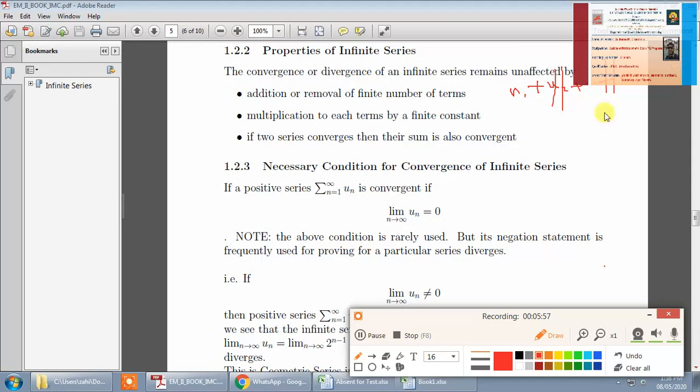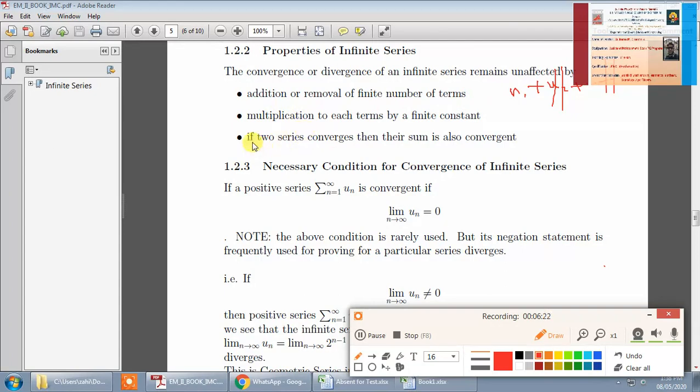In that case, if this series is convergent, after deleting finite terms, still it will be convergent. If it is divergent, then again it will be divergent. So by multiplication by a finite constant, by removal or addition of a finite number of terms, the convergence and divergence of a series is unaffected.